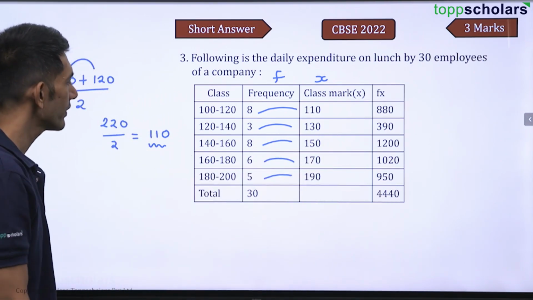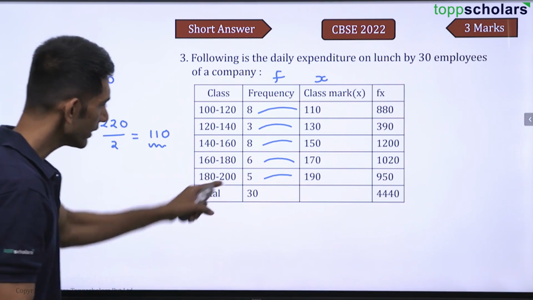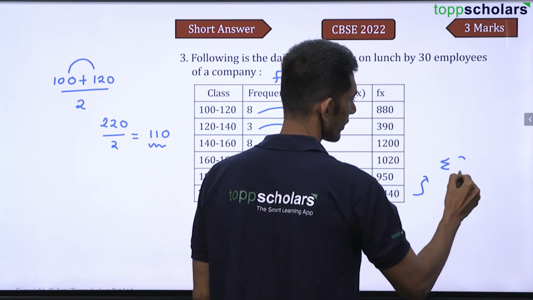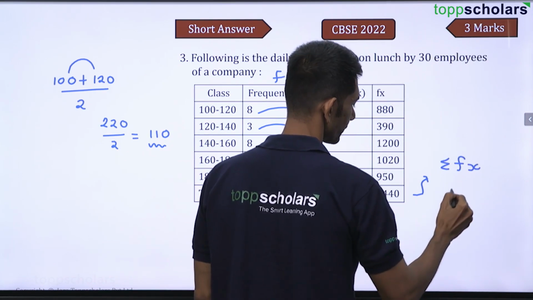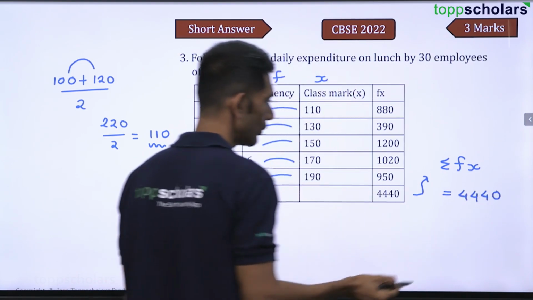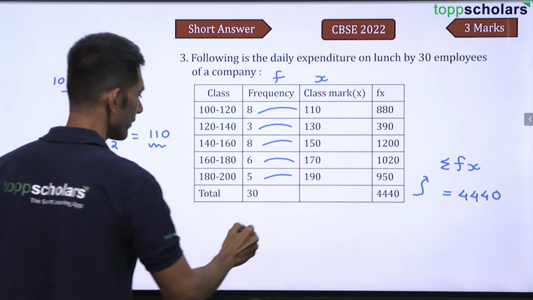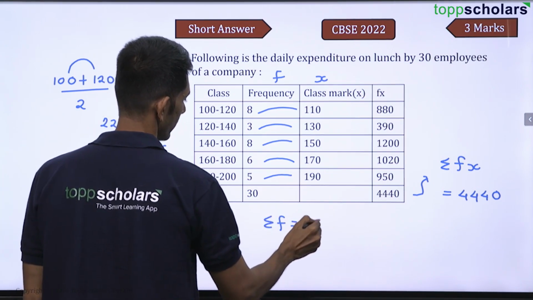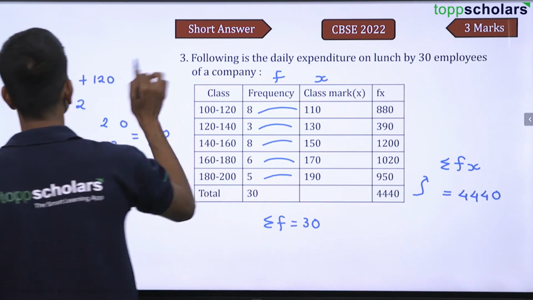That gives you 950. Now if you see very carefully, we have two values. We have summation fx, which is 4440. We have summation f, which is 30. Now we are supposed to find out the mean.